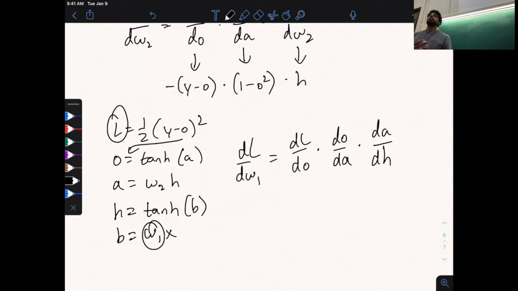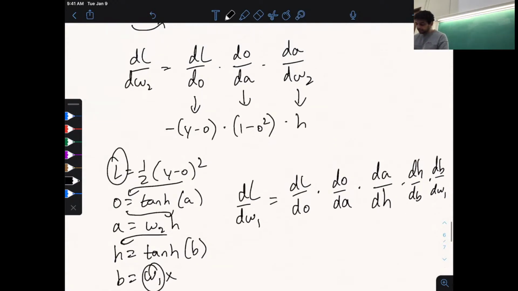We want to actually get the partial derivative with respect to W sub 1. So we are going to go down here into the H, dH/dB, and then finally dB/dW1. So this expansion gives us the partial derivative that we want.